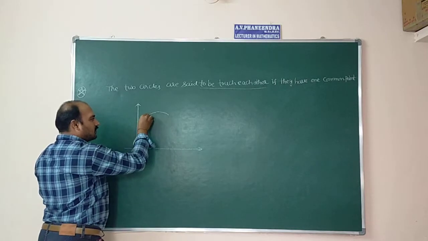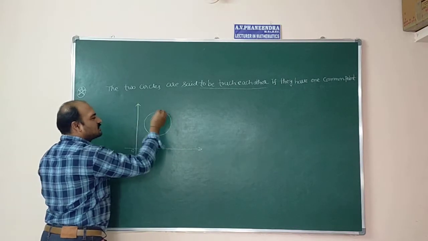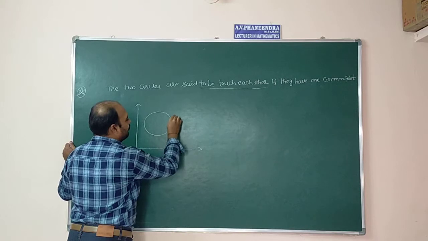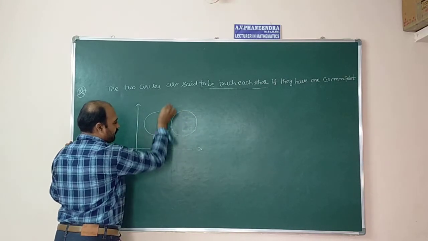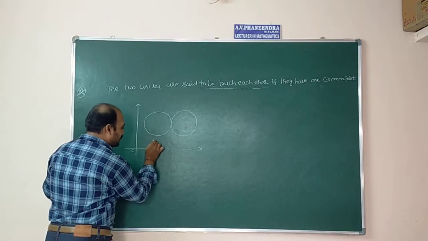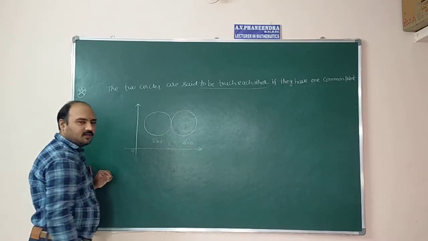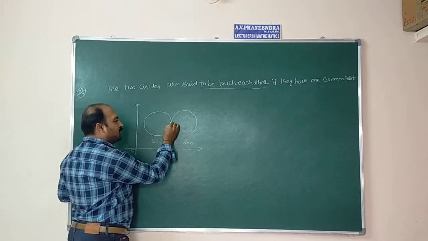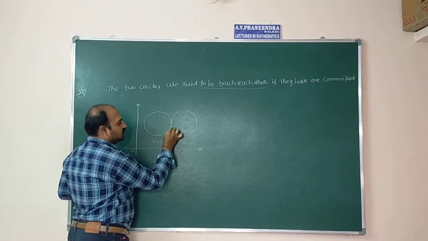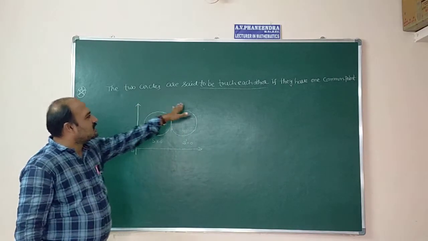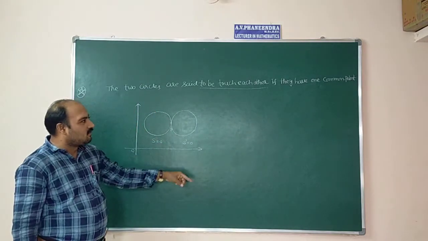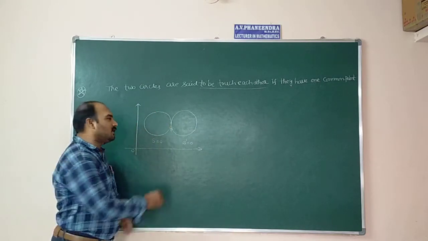Suppose the two circles will be in this form. This is S equal to 0. This is S dash equal to 0. Two circles are there. They are touching at the point P. The two circles are said to touch each other if only one common point is there.